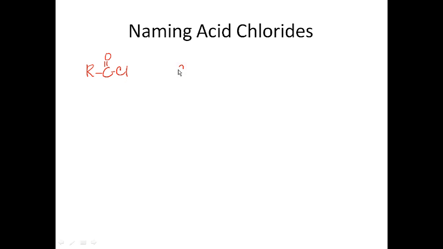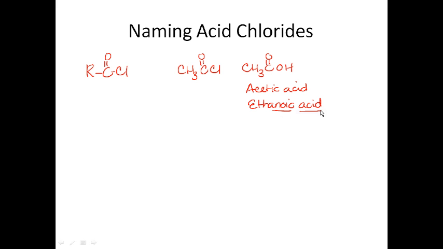So if we had, for instance, something simple like this, the common name of the carboxylic acid that this acid chloride came from is acetic acid, and its IUPAC name is ethanoic acid. The anoic acid is the suffix for the IUPAC system for naming carboxylic acids.